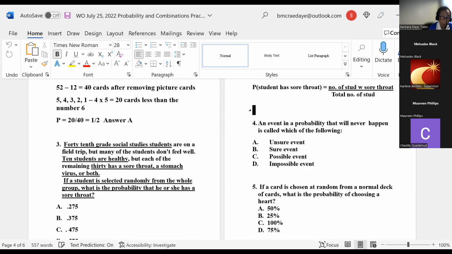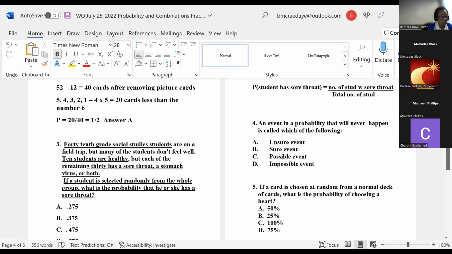Let's see where you get the 15 again. Because how many students have the sore throat, or stomach virus, or both? 30. It says has the sore throat, a stomach virus, or both.